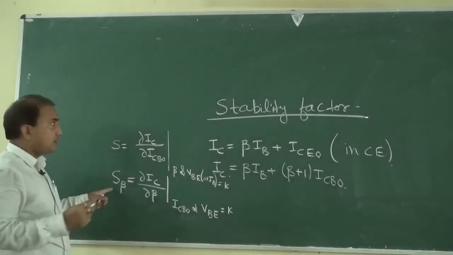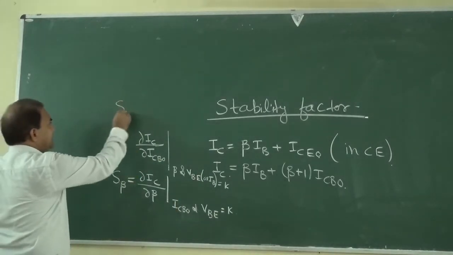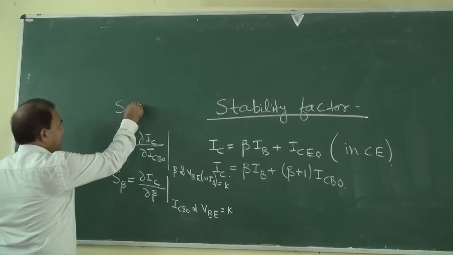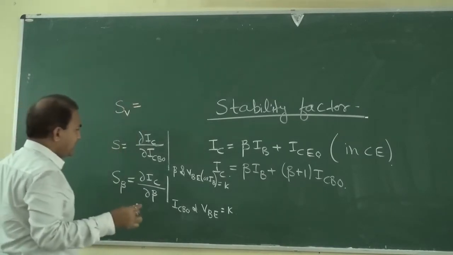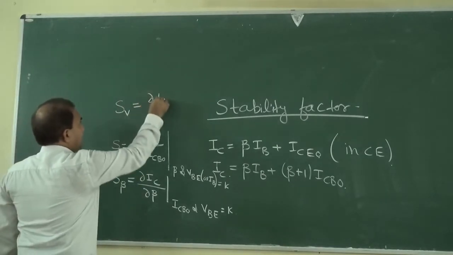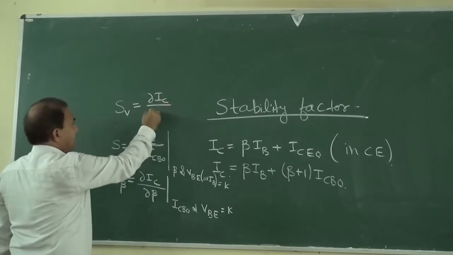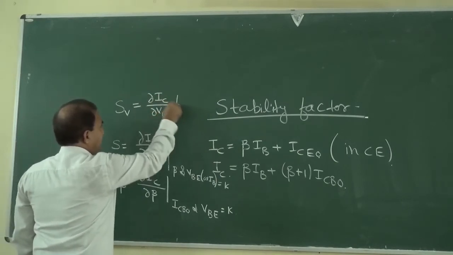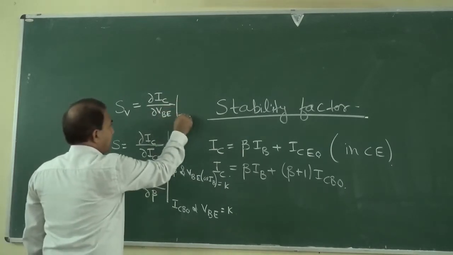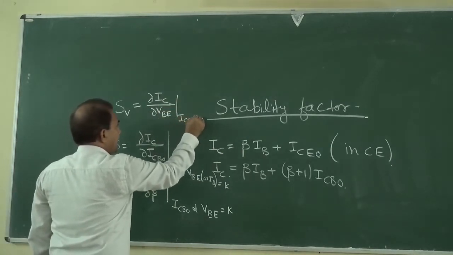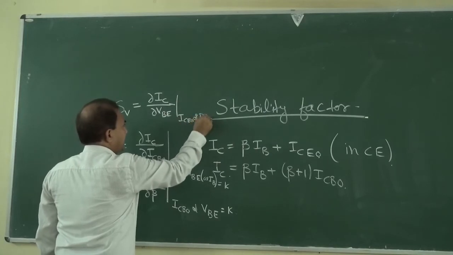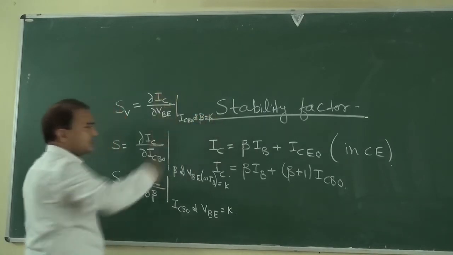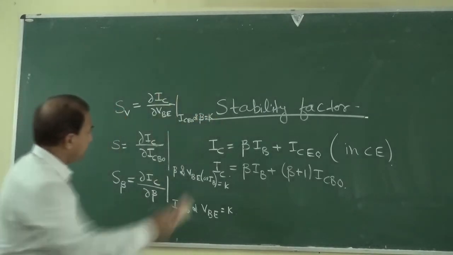And another stability factor, S in terms of voltage V, is equal to del IC divided by del VBE when ICBO and beta both are constant.